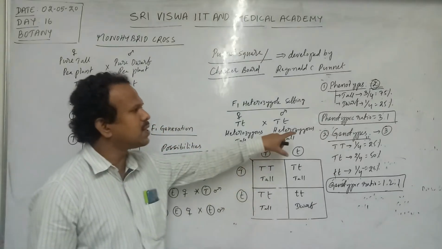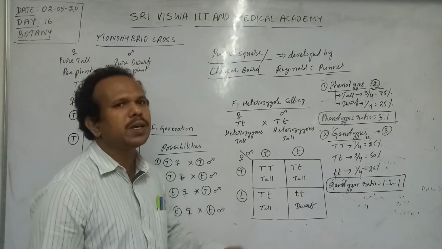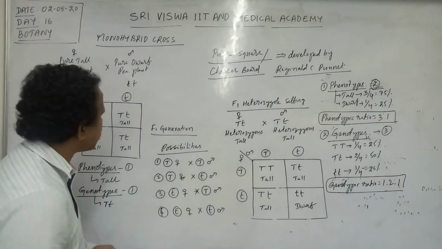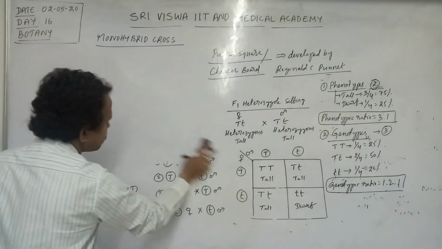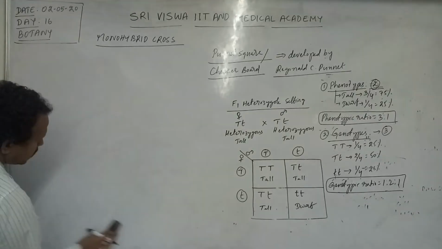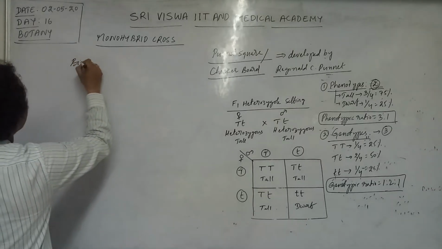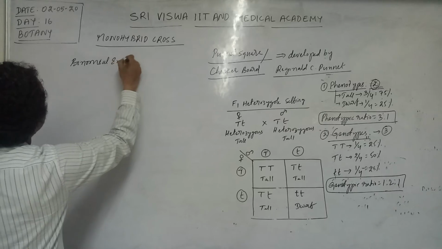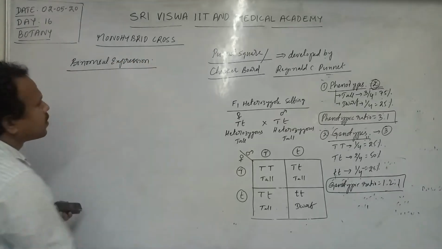However, these results, this 3:1 phenotypic ratio, can be explained even with the help of binomial theorem. Another very important one. The results of monohybrid cross can be explained by using binomial expression or binomial theorem.